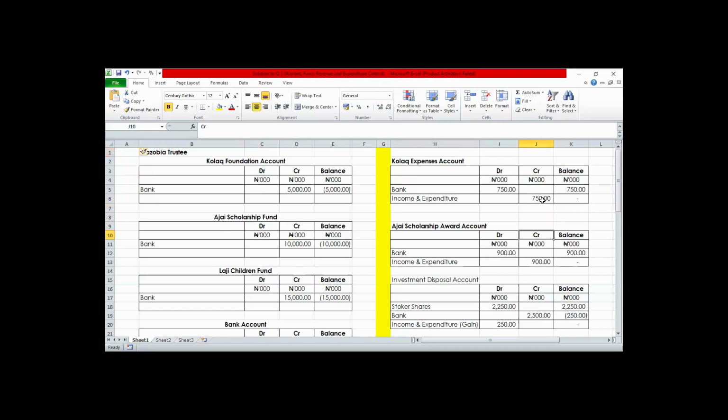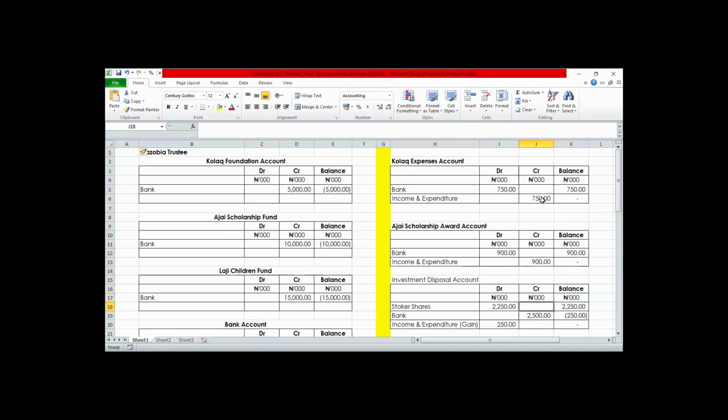Then we also have Ajayi Scholarship Award account. That one, they paid 900,000 on behalf of Ajayi for scholarship award. Then we credited the bank account, we debited the Ajayi Scholarship Award account, which is here.